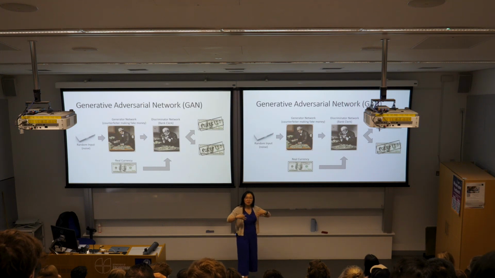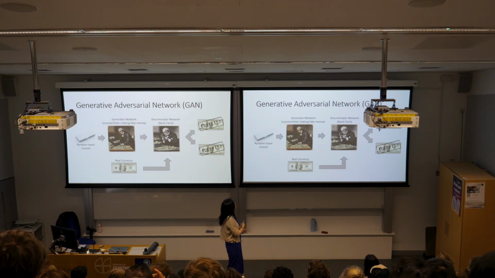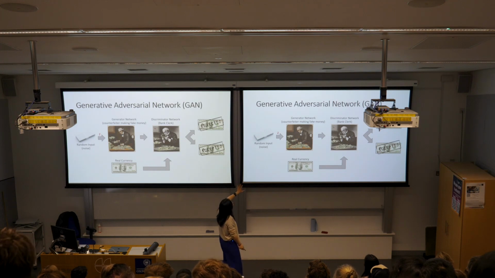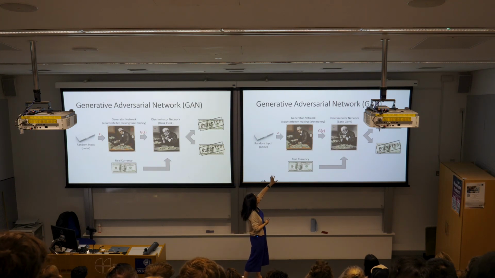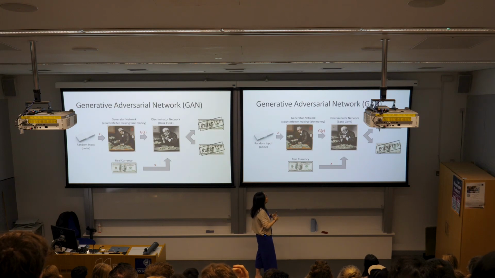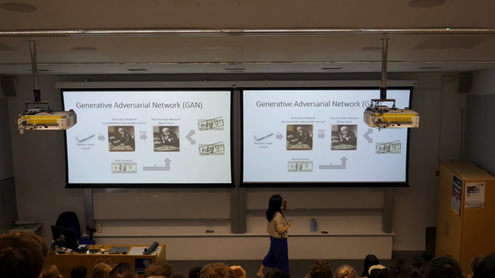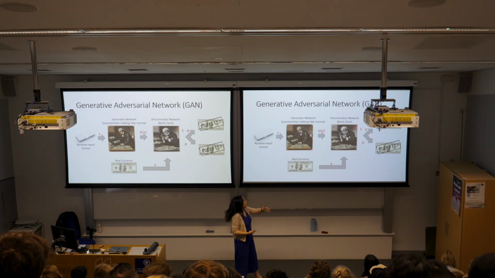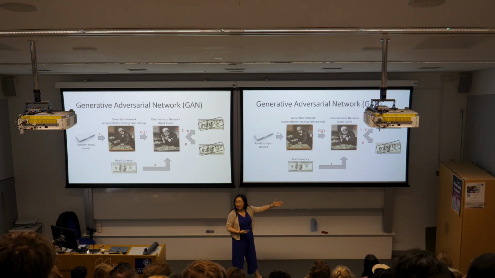So if we take this concept and apply it to a mathematical formulation, essentially what we have is random noise z, and then we have a generator G, our dear counterfeiter, that generates some fake money. Then we have our input x, which is the real currency, and then we have our bank clerk D, which is the discriminator, that gives you an estimate of the probability whether G(z) is the same as x.